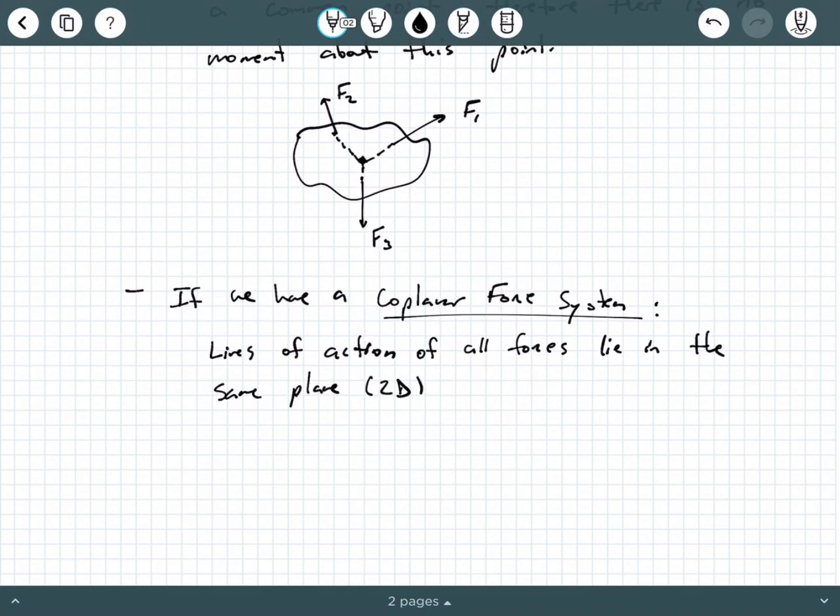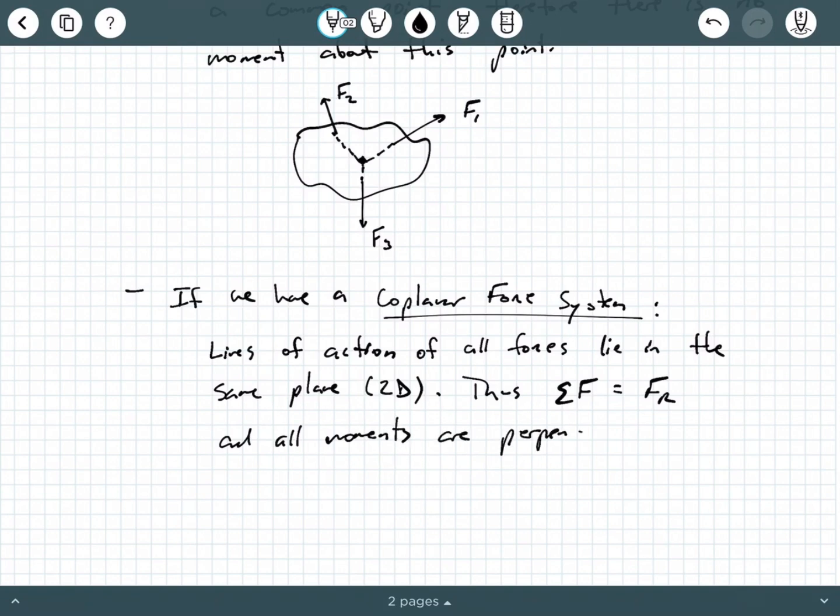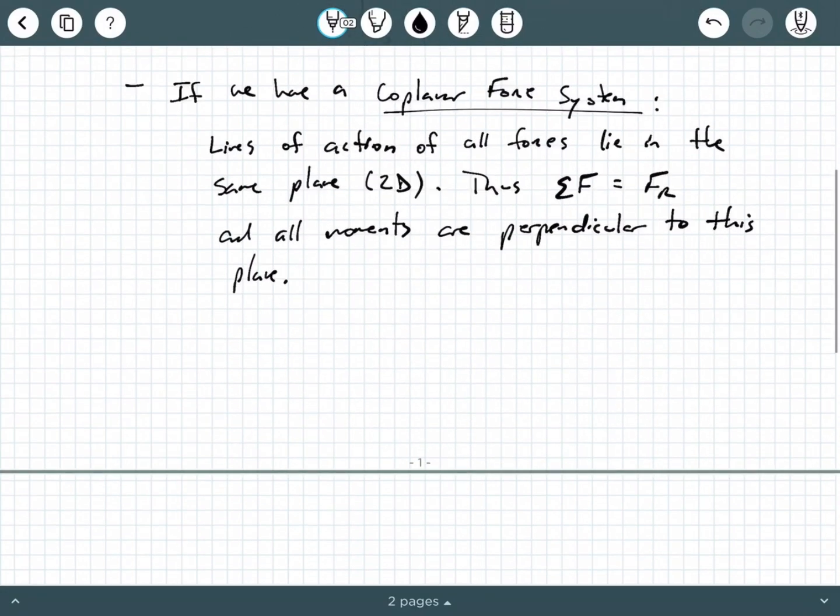That's just a 2D system, right? All the forces are in the same plane, okay? So we would say, thus, the sum of the forces equals a resultant force. And all moments are perpendicular to this plane. So that makes sense.